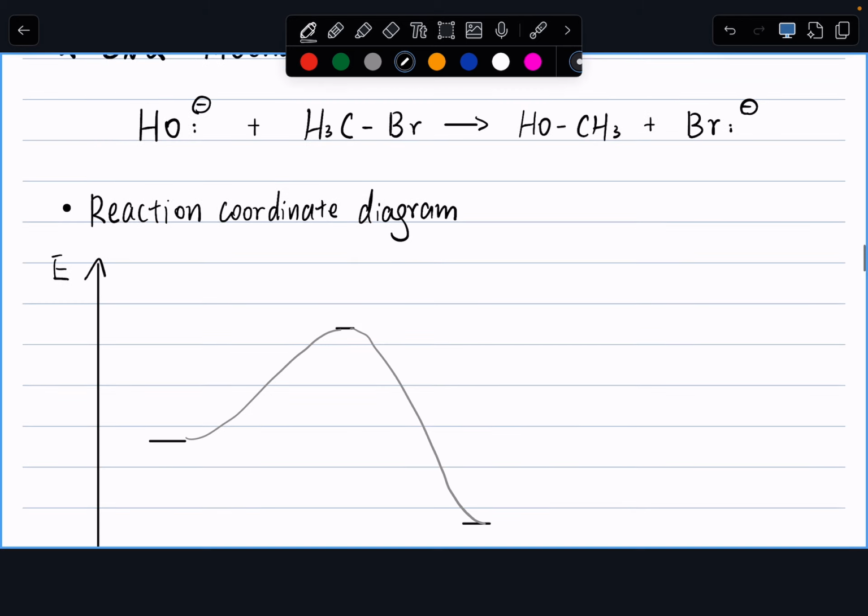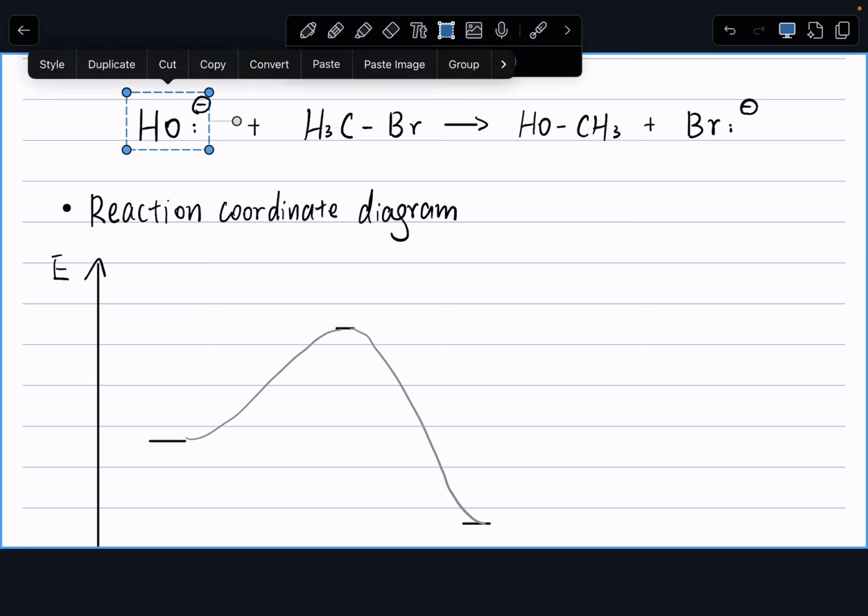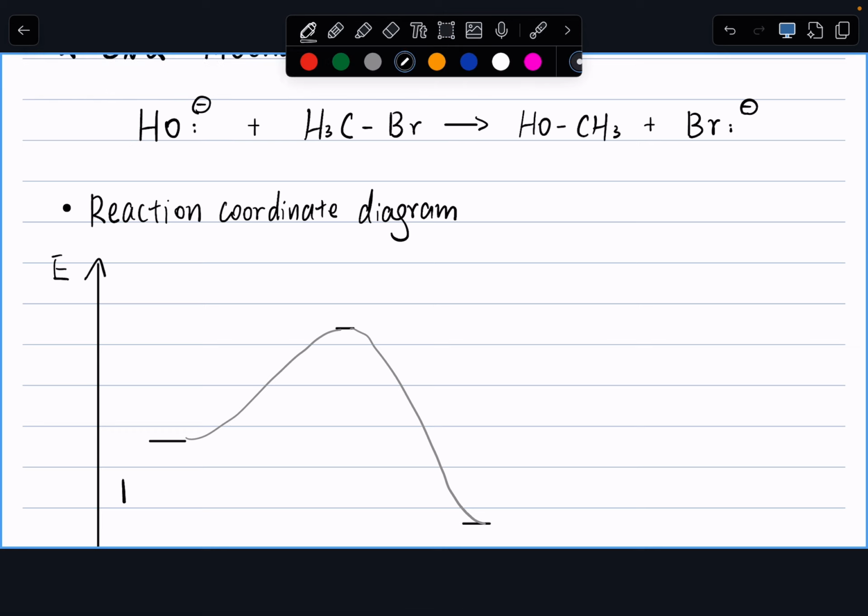In this reaction, what are my reactants? My reactants are OH minus and bromomethane, CH3Br. What are my products? My products are HO-CH3 and Br minus.